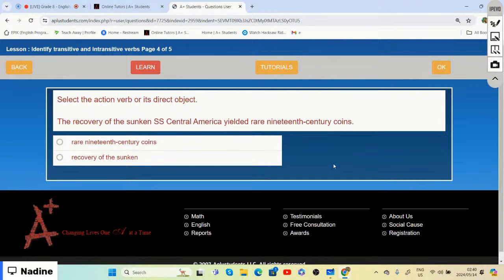All right, then they say the next one is the recovery of the sunken SS Central America yielding rare 19th century coins. So the recovery of the sunken SS Central America yielding rare 19th century coins.